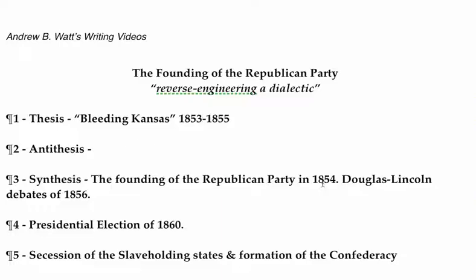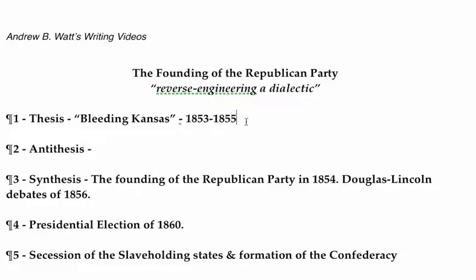And you'll notice that the Republican Party is founded right in the middle of all this violence in Bleeding Kansas. So when you're reverse engineering a dialectic, look for something that's going on more or less at the same time.